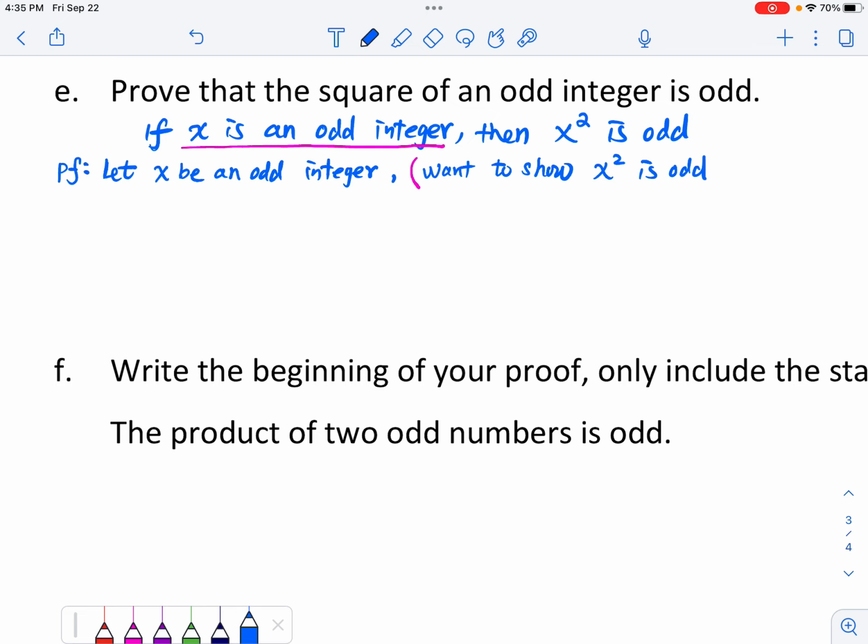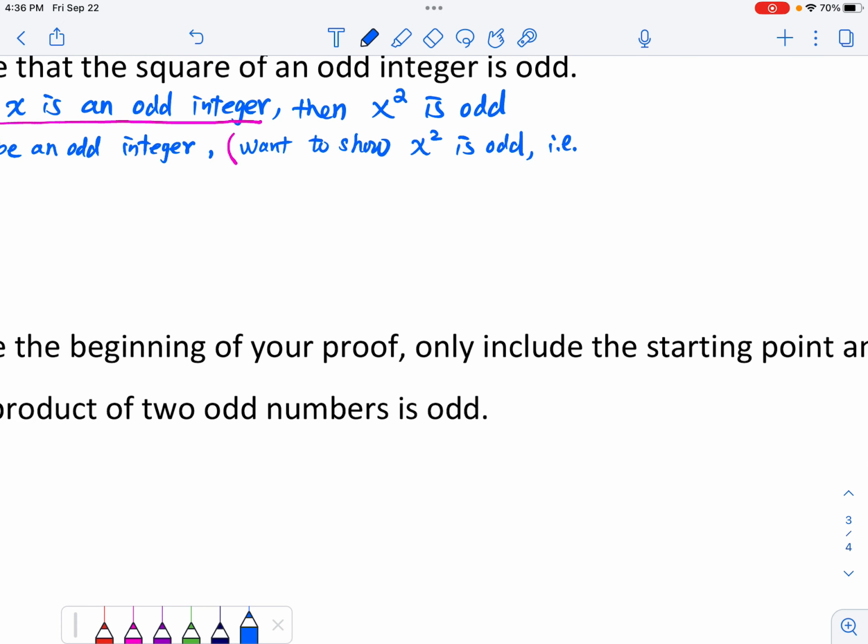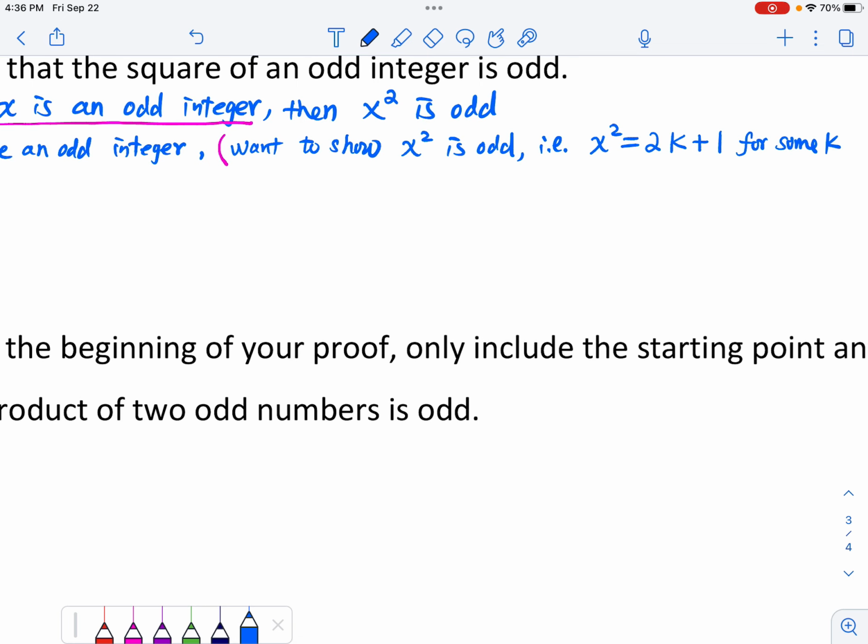And actually, what I would suggest is to do a little more interpretation. What does it take for x squared to be odd? In other words, x squared is equal to 2k plus 1 for some integer k.